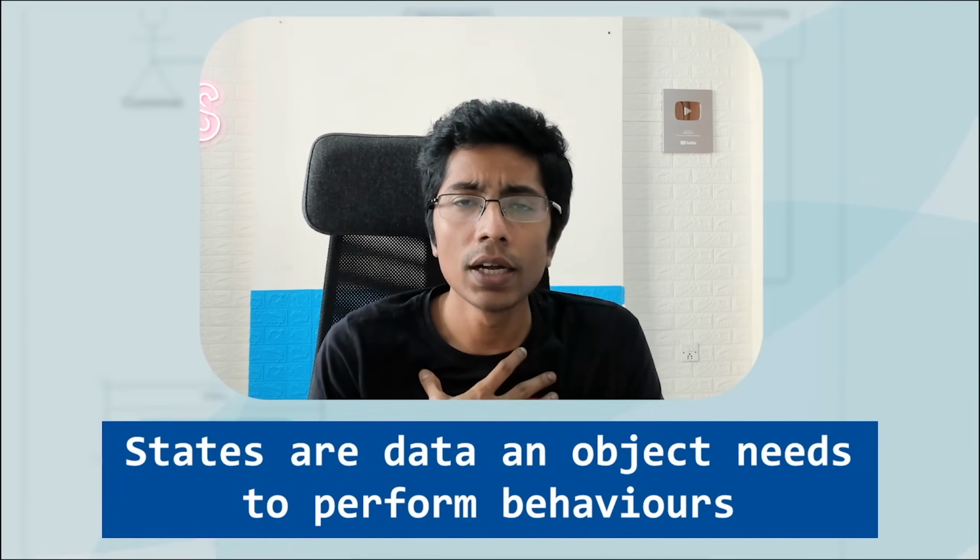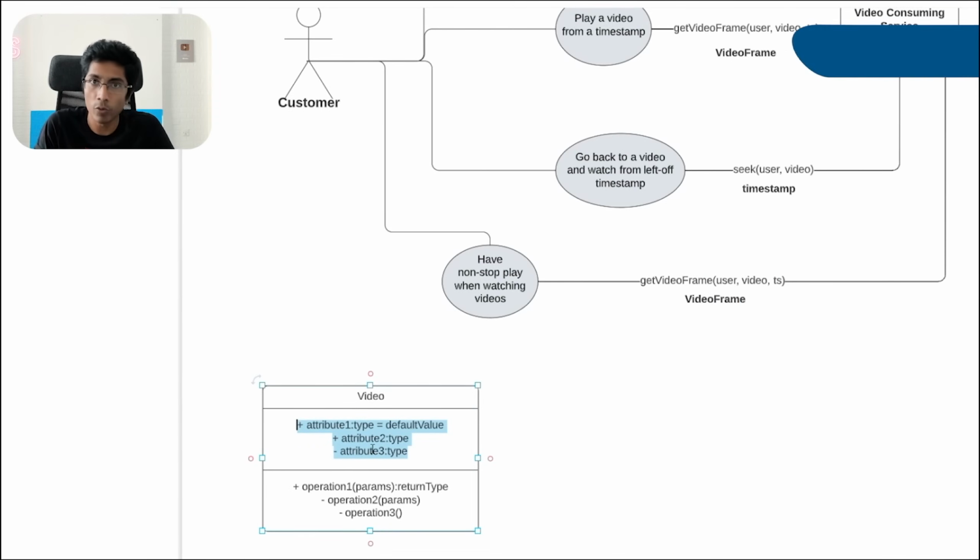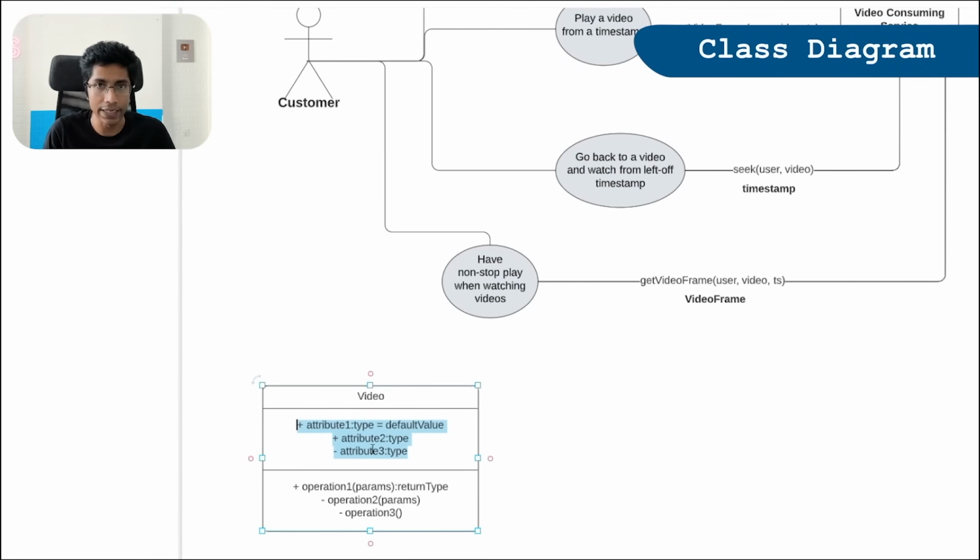For example, I'm speaking right now, so I need a throat, I need a tongue, I probably need a brain to speak. And what I'm doing right now is teaching. So the behavior would be teaching, while the data that I need is my body parts to actually work in tandem.